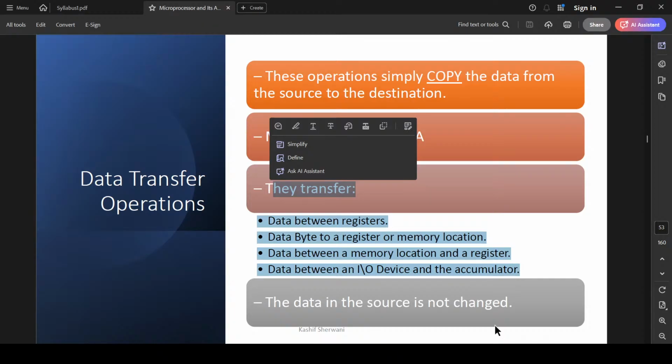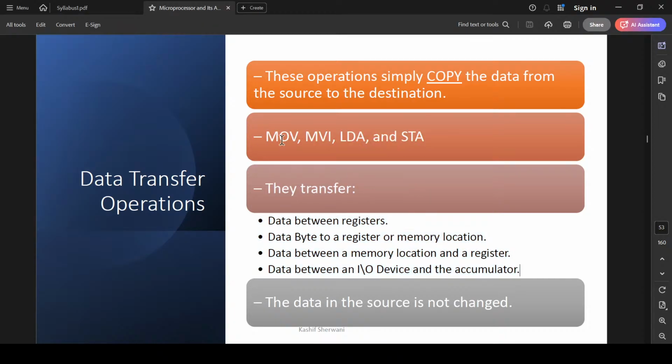So, guys, what the move function does is copy data between registers, from one register to another register. Data byte to a register or memory location. I will write memory location as ML.